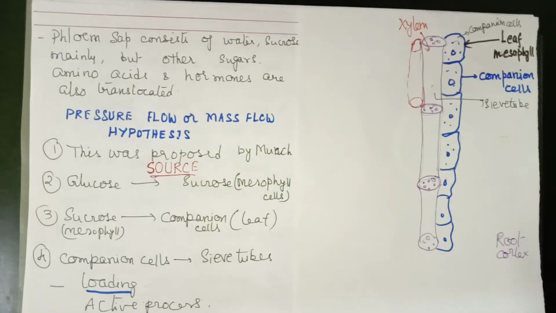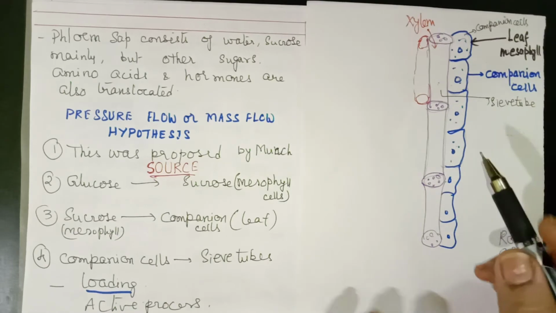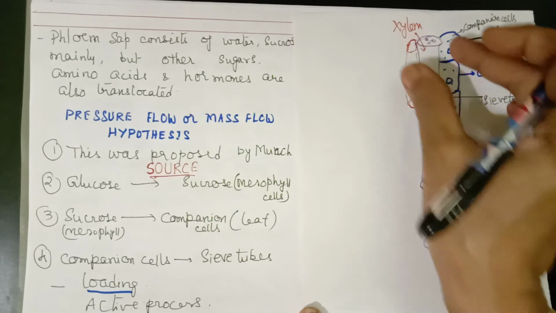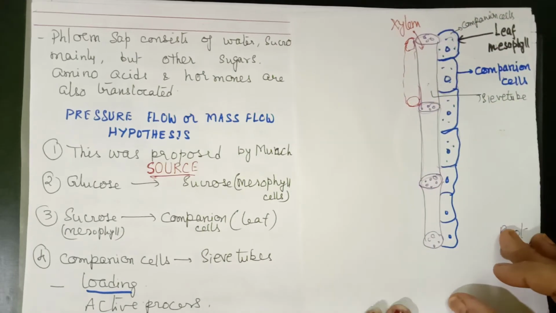Sieve tubes, or phloem, are present in the midrib region. The midrib region consists of vascular tissues, both xylem and phloem.